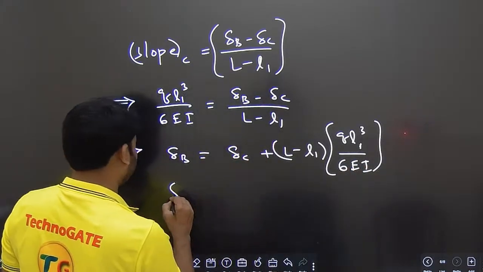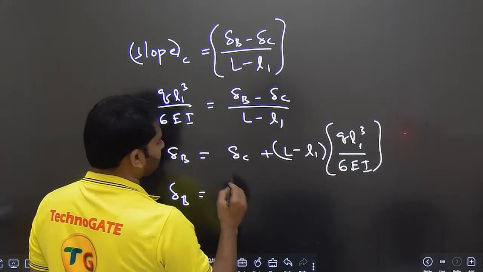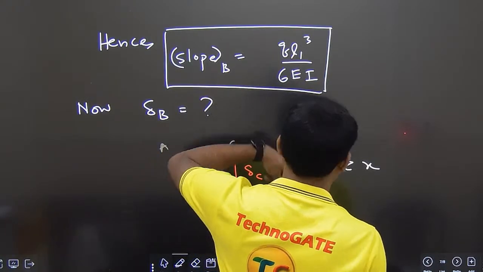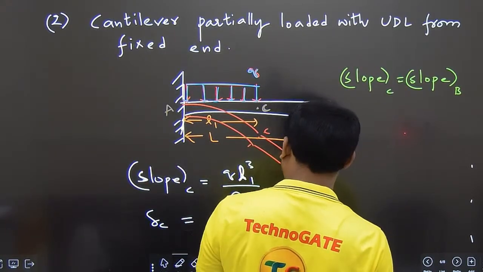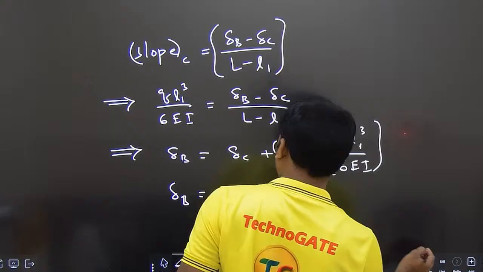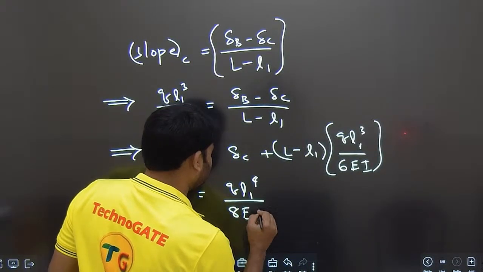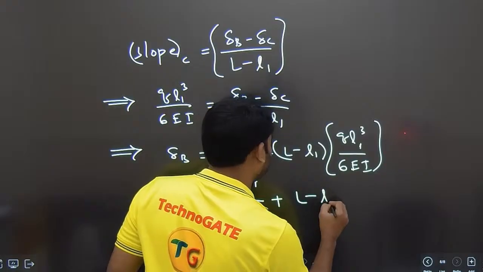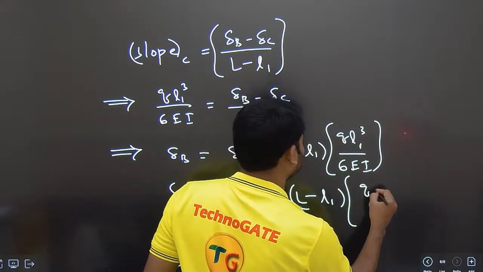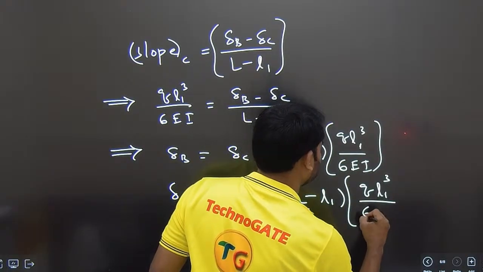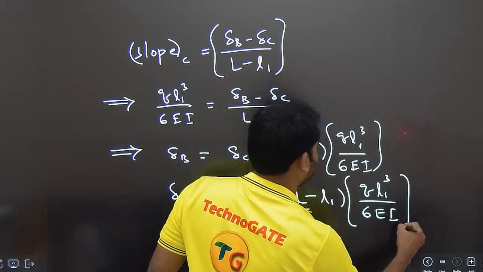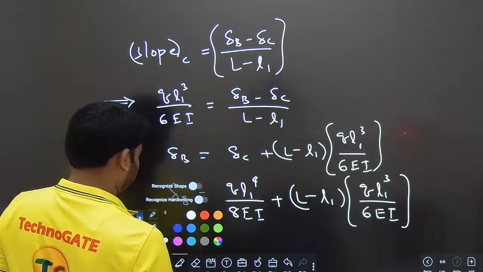If you substitute the values, delta C we already got according to this equation, Q L power of 4 by 8 EI. So delta B is Q L1 power of 4 by 8 EI plus (L minus L1) whole into Q L1 power of 3 by 6 EI.